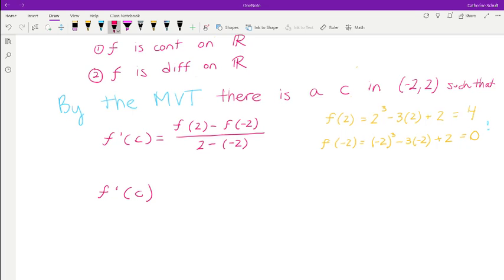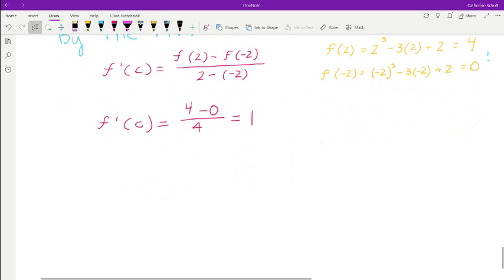All right, so we have to find all of the c's that satisfy this. f prime of c is equal to 4 minus 0 over 4. 2 minus negative 2 is 4. All right, so we made these substitutions. So 4 divided by 4 is 1. So this question is now, where is the derivative equal to 1? Okay, so that's where we're going. So let's figure out what the derivative is.